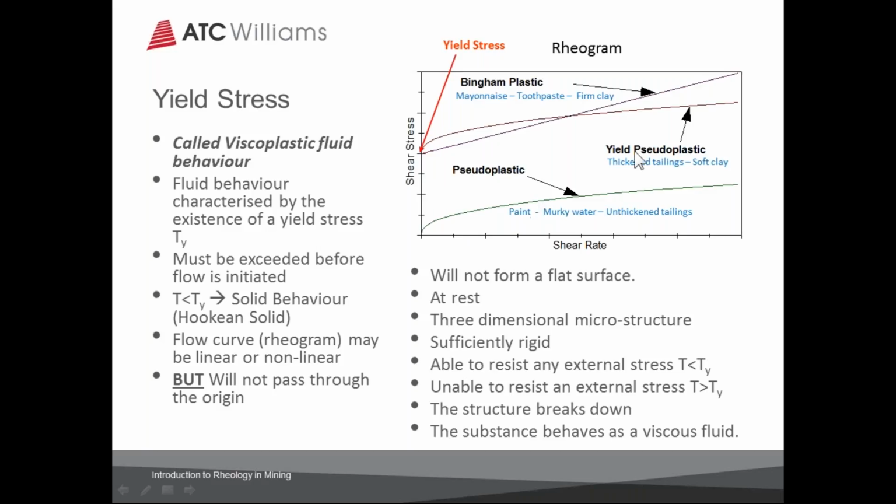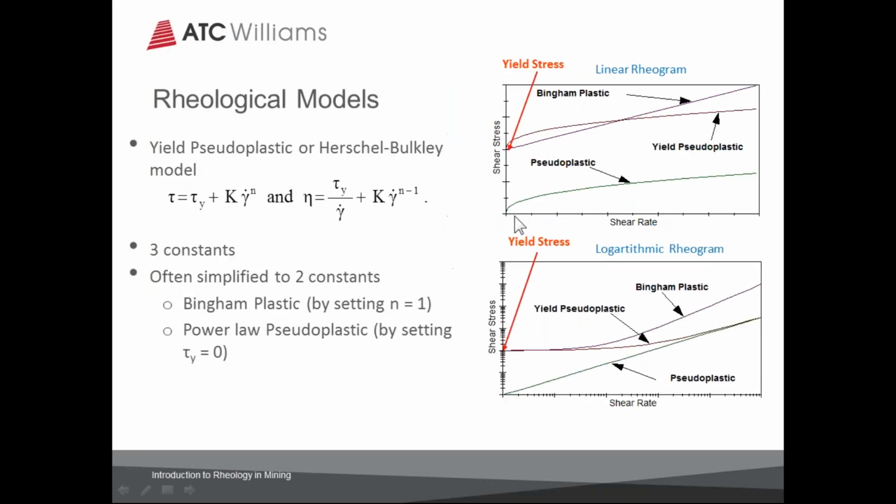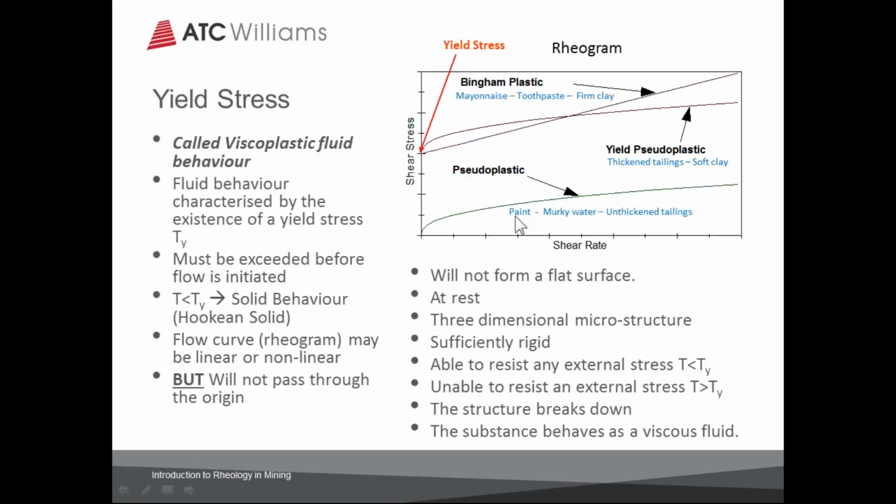Materials that are not Newtonian, we refer to as non-Newtonian, so they're not a straight line passing through the origin. And even if they are curved but pass through the origin, we have some non-Newtonian characteristics. That's known as pseudoplastic.